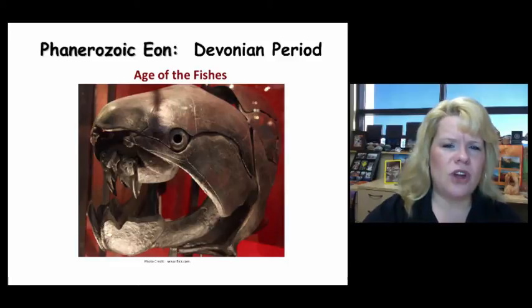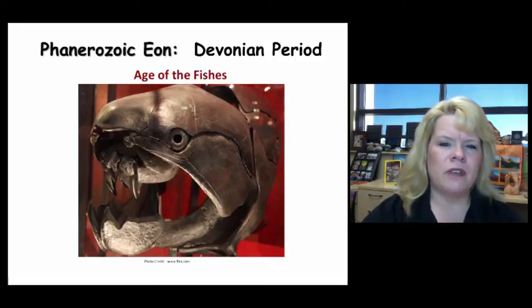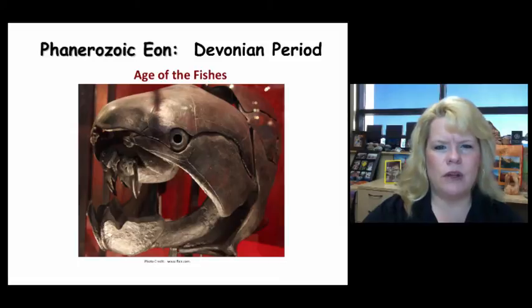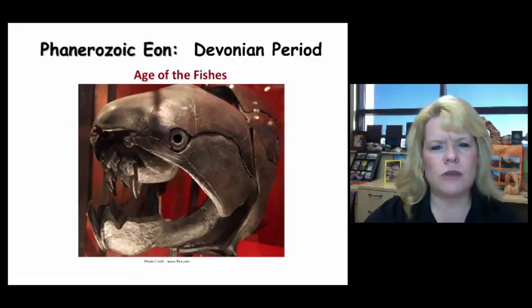So as we get started, I need to set the framework for how the late Paleozoic differs from the early Paleozoic. The early Paleozoic was dominated by shallow epeiric marine seas that covered large sections of cratons across the world, North America being no exception.